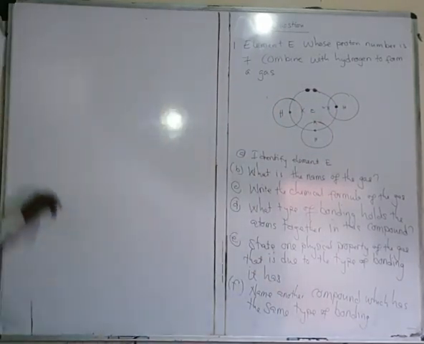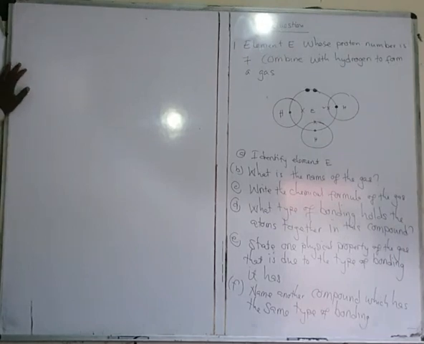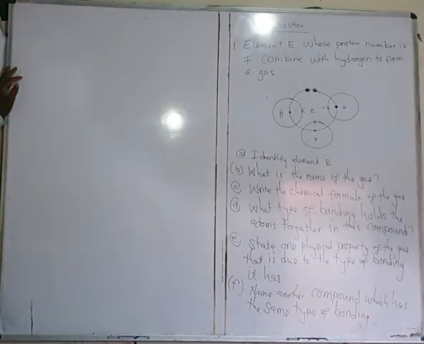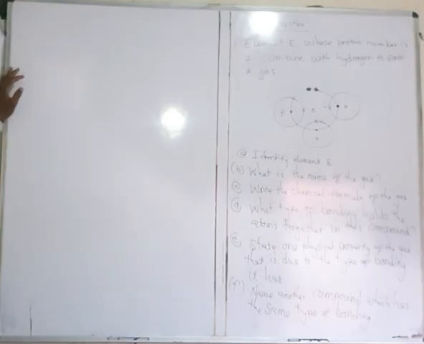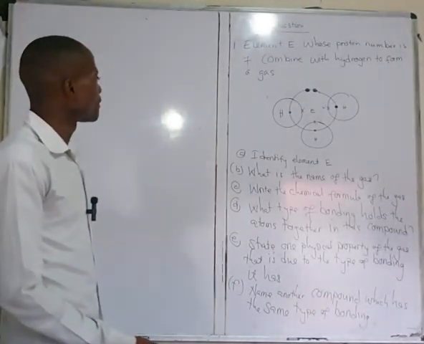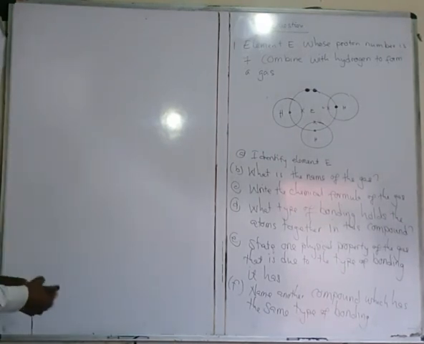Then question A, identify element E. You may need the periodic table if you don't know that much about it, but obviously with proton number 7, we should know that element. We don't even need the periodic table. What could be this element E?